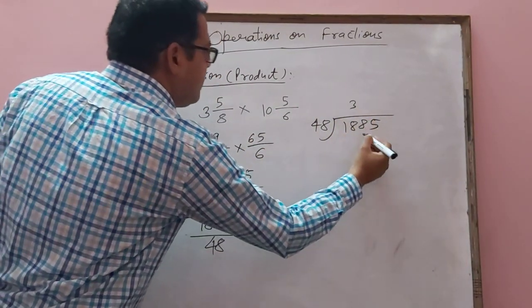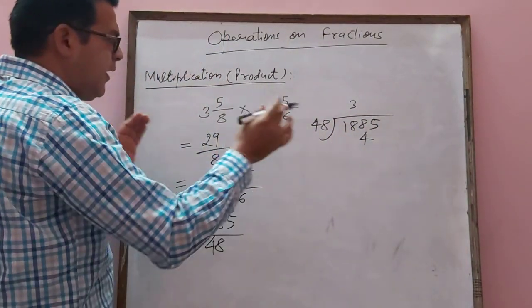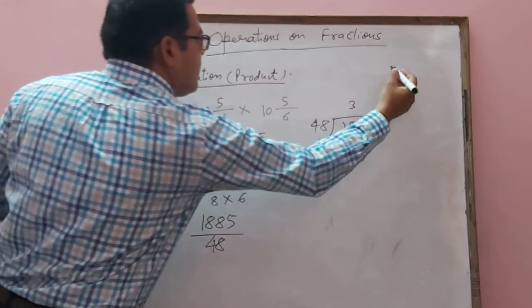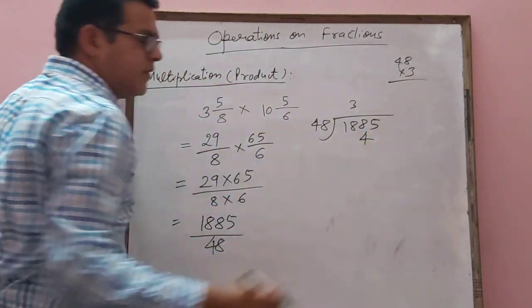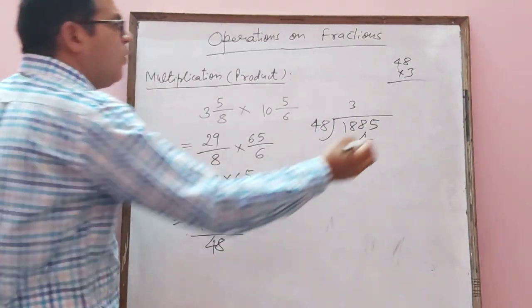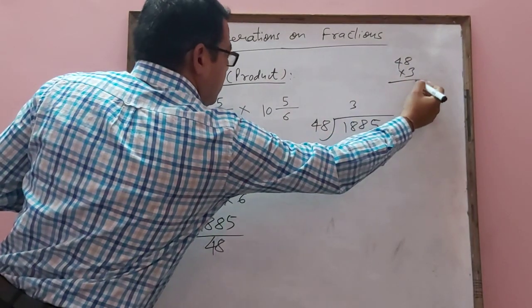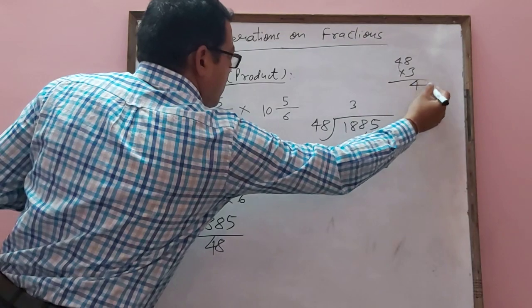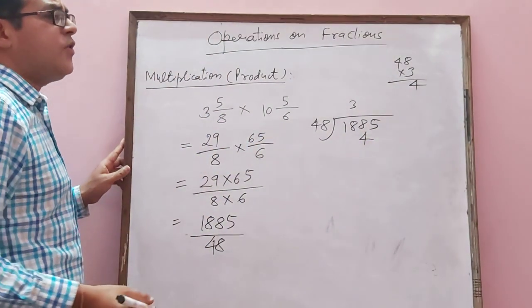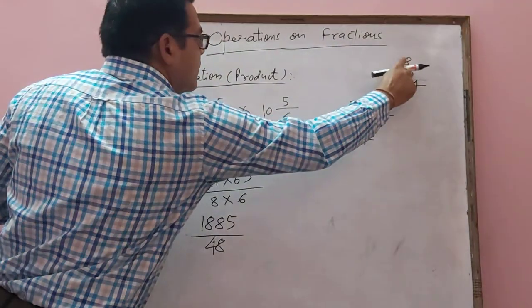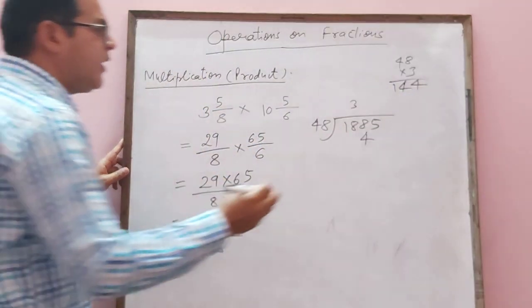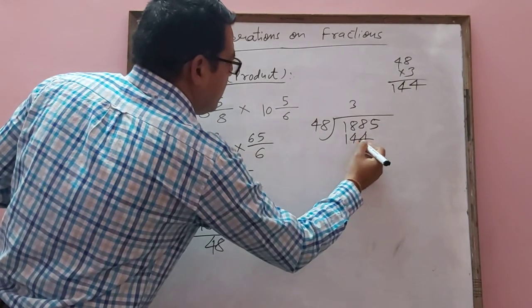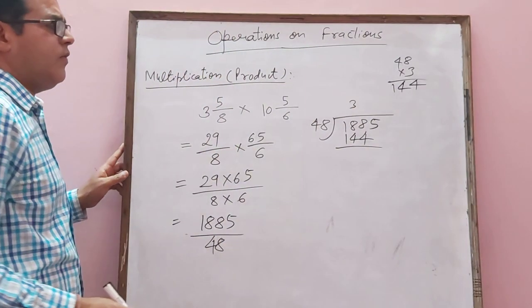So 8 threes are 24. You need to multiply. If you don't know what to write here, you multiply like this, right? So what will come here? 8 threes are 24, then 4 is left and 2 is carry. So 4 threes are 12 and 2, 14. So we can write here 144.